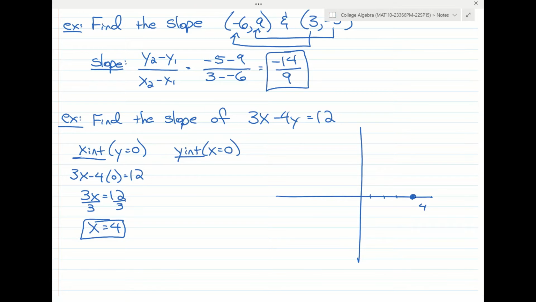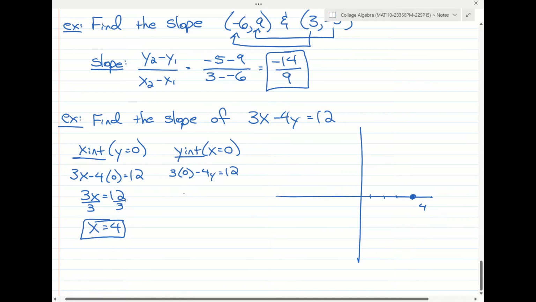To get the y-intercept, we put 0 in for x. Negative 4y equals 12. We divide by negative 4. y is equal to negative 3.